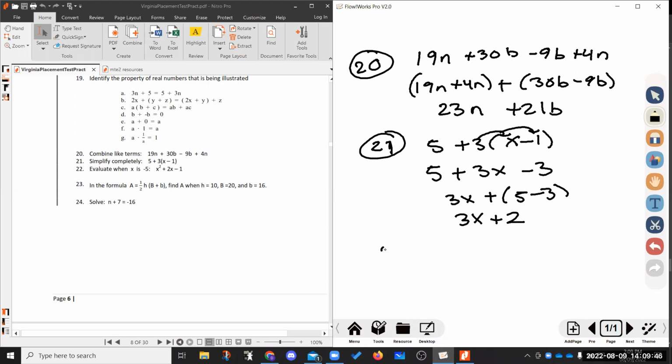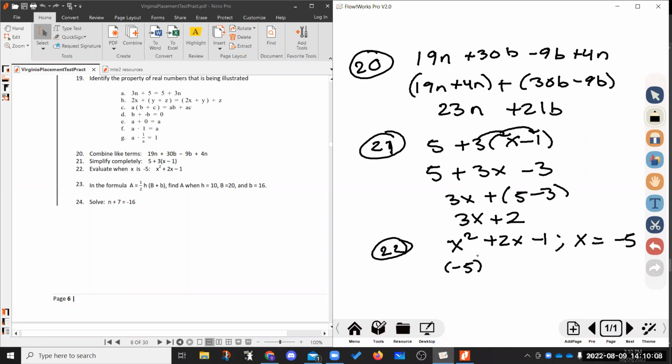Number 22 asks me to evaluate, that means find the value of this statement when x is equal to -5. So first we start off with x squared plus 2x minus 1, and we're told that x is equal to -5.